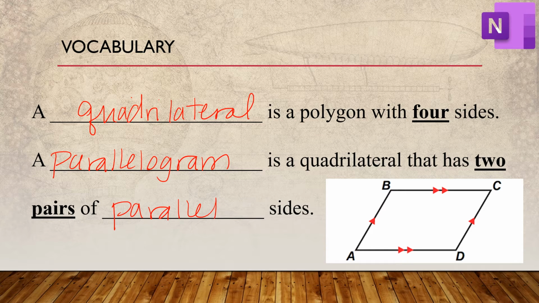So as you can see here in the picture, we have side BC. We see that's parallel to side AD. And we also have side AB, and we see that's parallel to side CD.